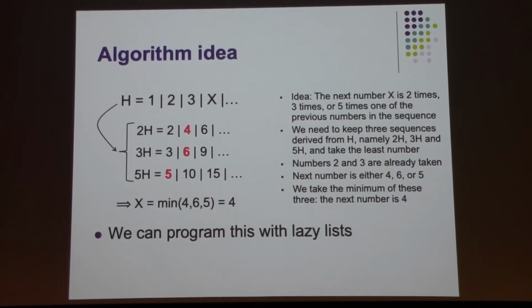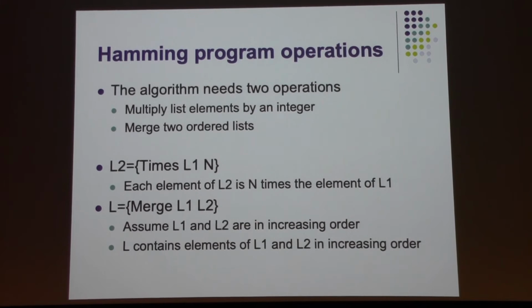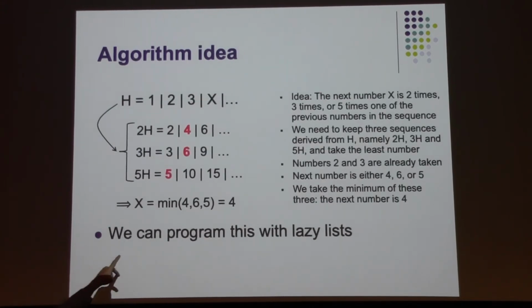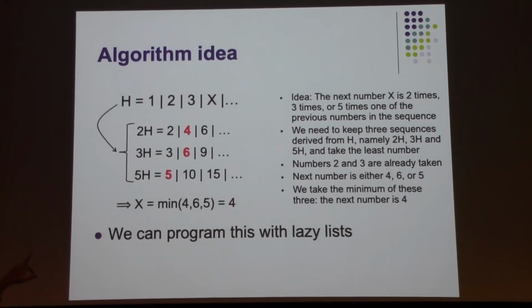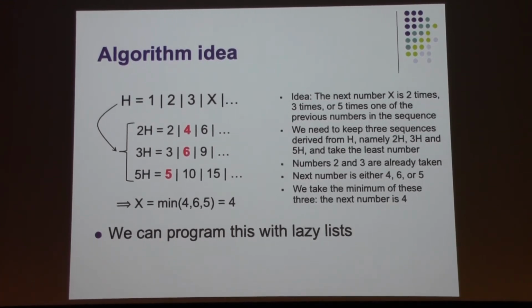Because it's the first one, it has to be the minimum, right? So X is the minimum of 4, 6, 5, so it's 4. And then after that you keep going. The 4 is used up, then you have 6, 6, and 5, so the next number is 5.